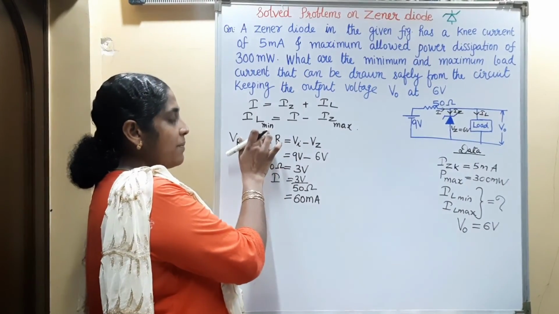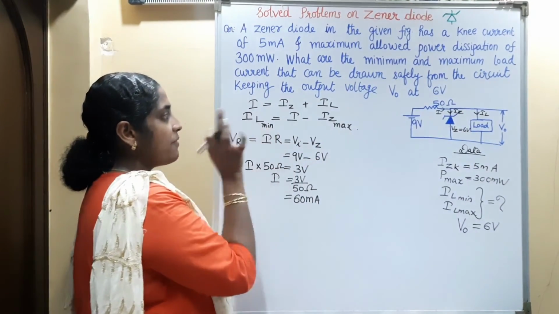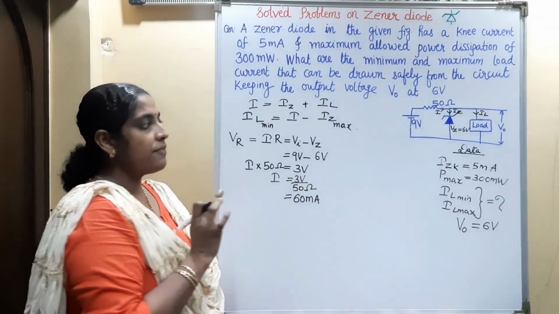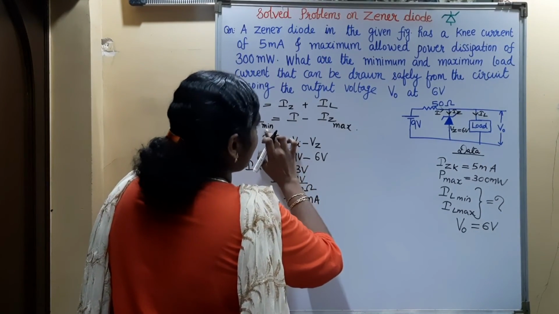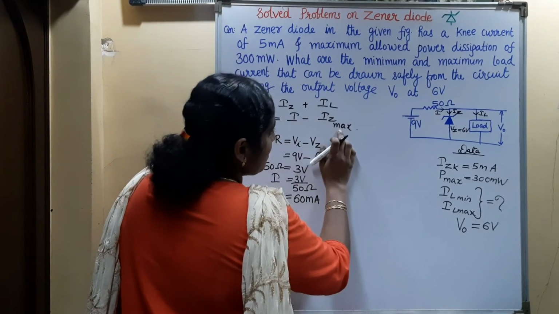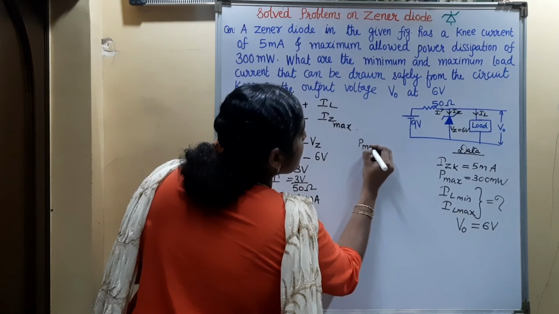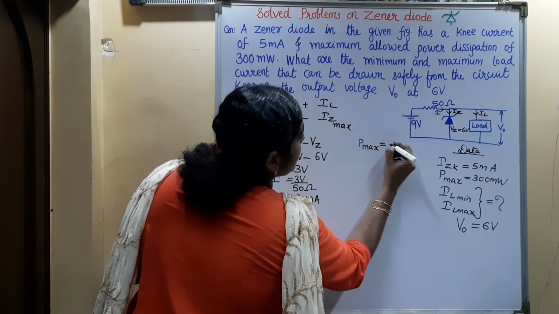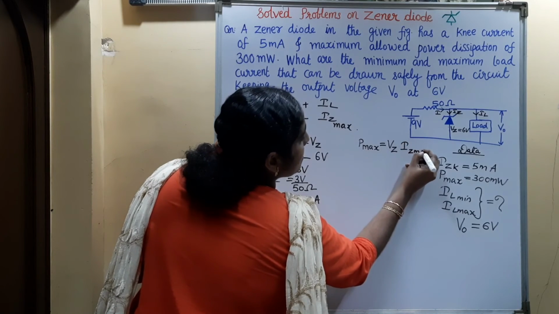Now to find the minimum value of load current, we require the maximum value of Zener current, and to find the maximum value of load current, we require the minimum value of Zener current. The maximum value of Zener current we can find from the maximum power rating, because the maximum power rating of this Zener diode is VZ into IZ maximum.